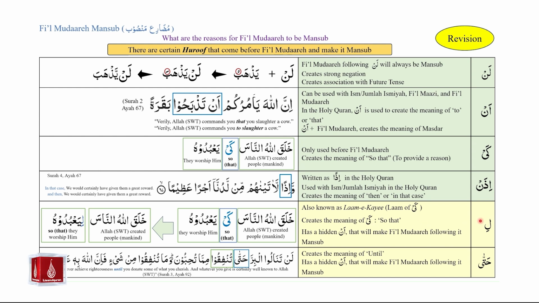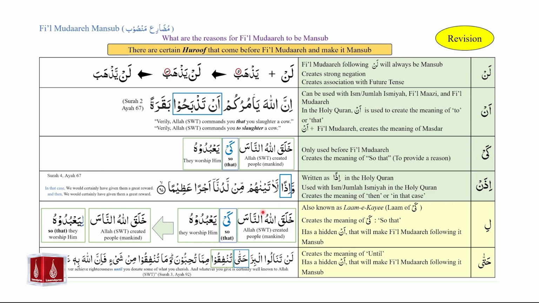Then we have lamikai and hatta. And these are the huruf that have a hidden an in them. And because of the hidden an, they make the fi'il mudari that follow it mansoob. Lamikai creates the same effect as kai. It will create the meaning of so that or in order to. And this lamikai has a hidden an in it.